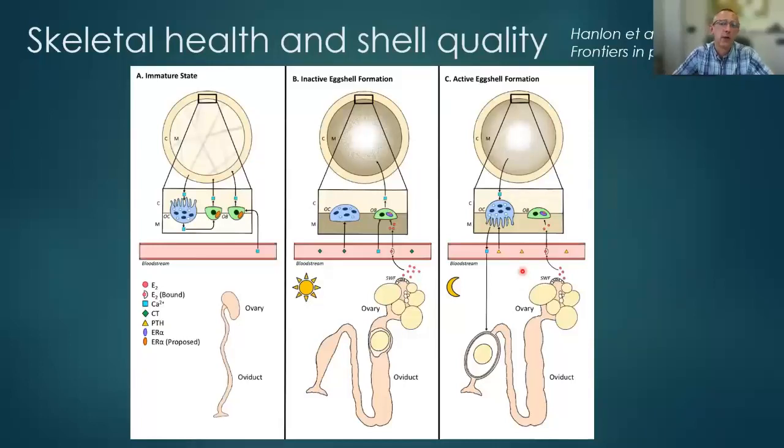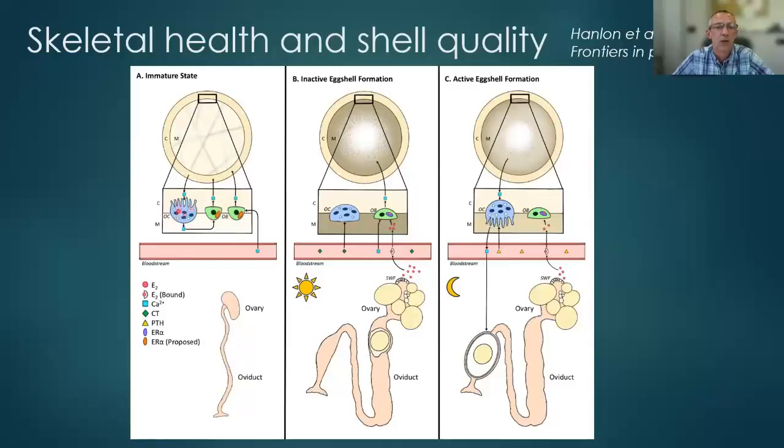Now, when we talk about skeletal health, Charlene just had a latest review, just accepted and in press in Frontiers in Physiology, focusing on the impact of estradiol. Here, as we can see, as we move from an immature stage to a mature stage with eggshell formation inactive or eggshell formation active, estradiol directly impacts the function of the osteoclast and the osteoblast.